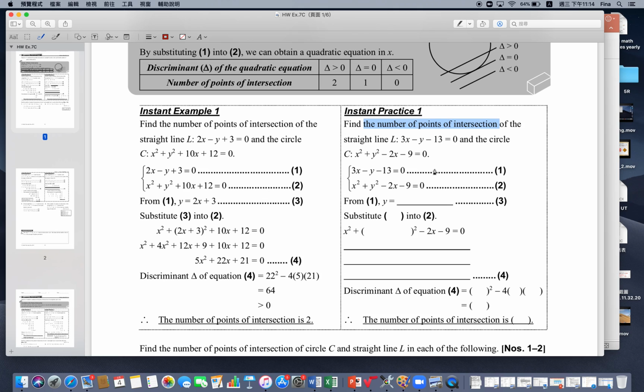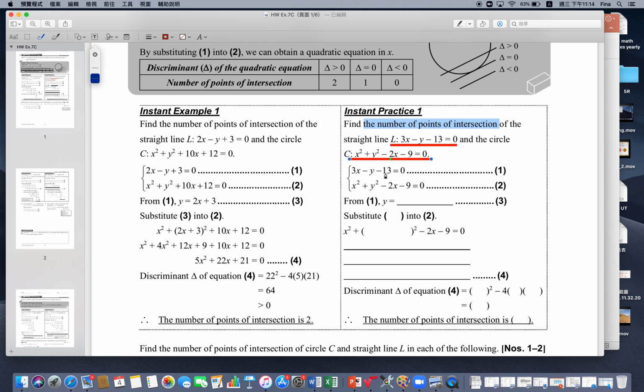Before considering the delta, you have to look at the equation of the straight line and also the equation of the circle. Try to mark them as equation 1 and equation 2. Then you have to substitute equation 1 into equation 2. But here, in equation 1, I cannot find any subject. Do you remember how to form the subject?